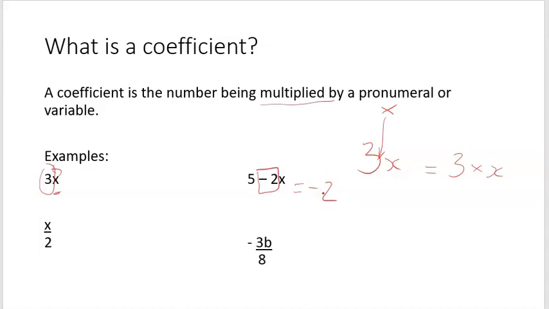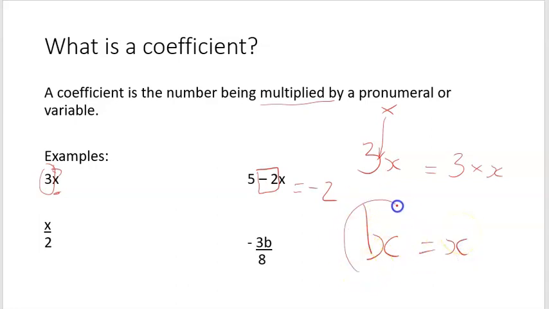In the third example, if you've got x over 2, first of all, we need to look at x on its own. If you had x on its own, what would the coefficient be? Well, you've only got one x there. There's only one of them. So when you have x on its own, or any letter of the alphabet on its own, the coefficient is 1. So 1x is the same as x on its own.